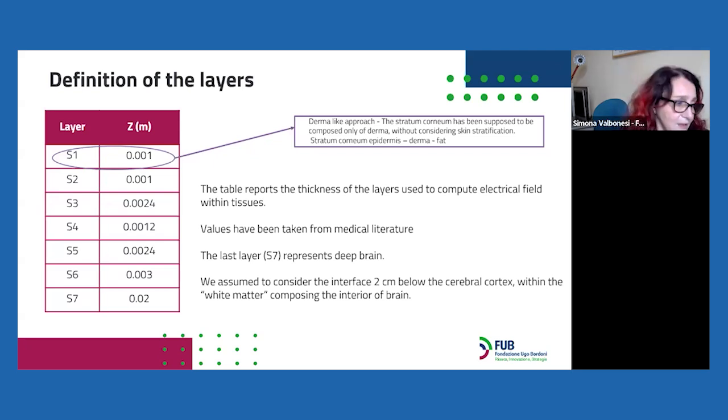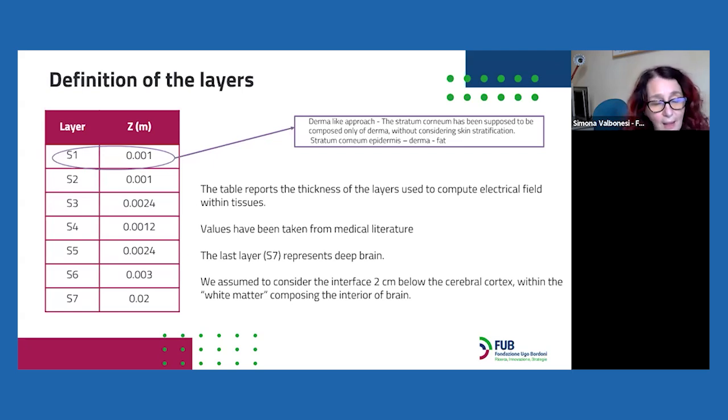In a multi-layer scenario, the stratum corneum is composed by 3 different stratifications: stratum corneum, dermis, and fat. In this case, we set the stratum corneum to 1 millimeter. This is a derma-like approach. The stratum corneum has been supposed to be composed only of derma. We did not consider the skin stratification.